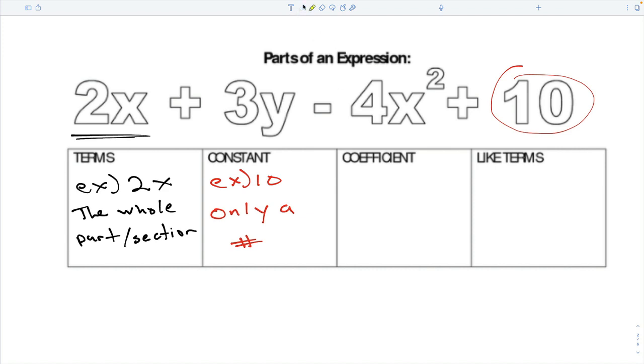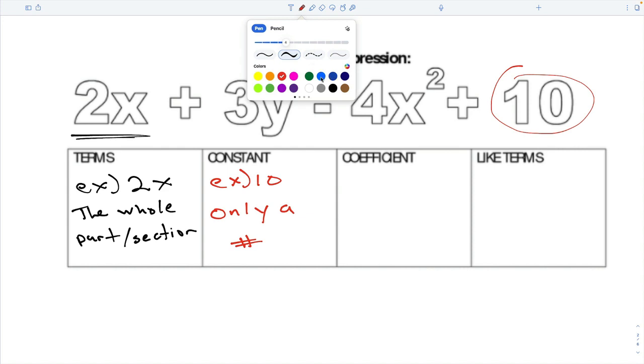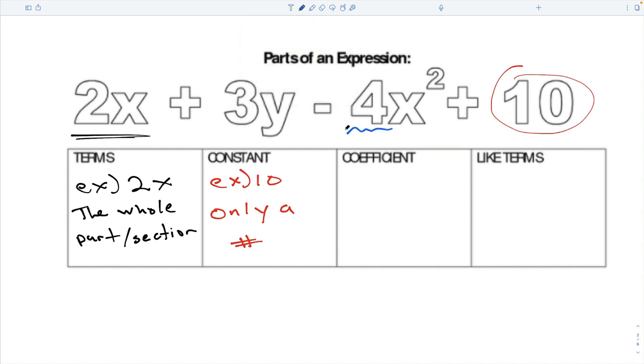A coefficient is a number, but it's attached to the variable. So a coefficient example for this one would be 2, 3, and 4. That's a number next to a variable. 2, 3, and 4 are coefficients.